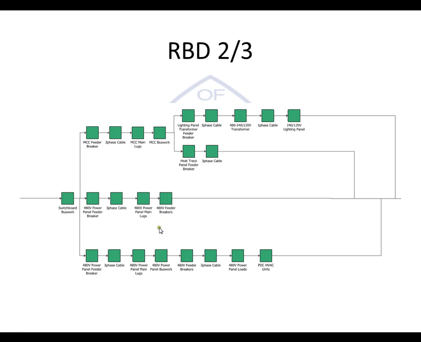Same concept for the two 480 volt panels. In this particular design, half of the hot starts are on this panel, and then the other half are on this panel, which also houses the PDC HVAC units, which one might not think are important, but with motor starters that are monitoring the current via temperature, you need to keep the PDC power distribution center at a relatively cool temperature.